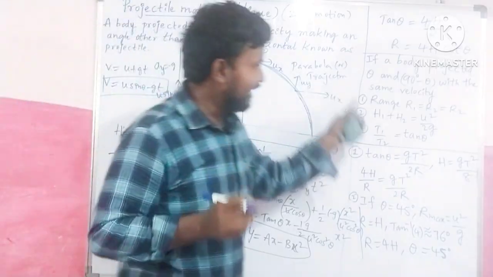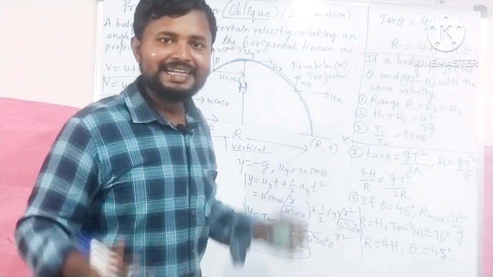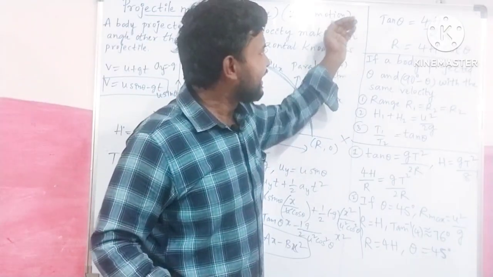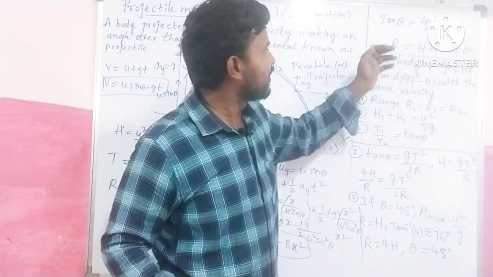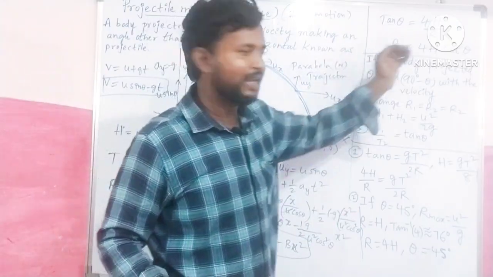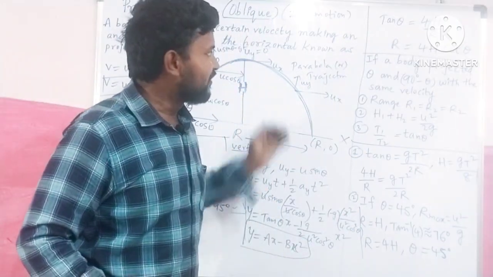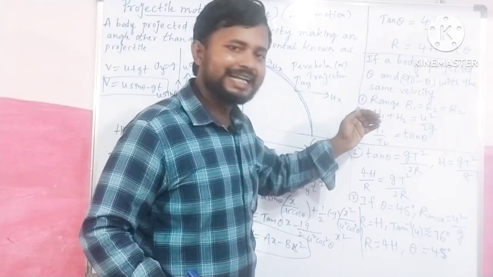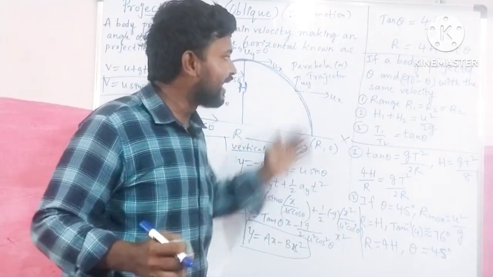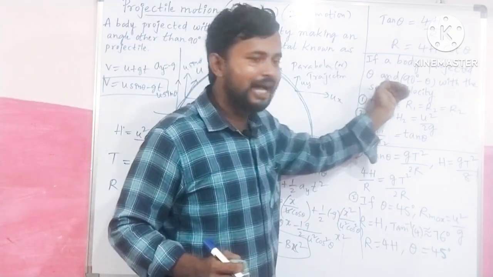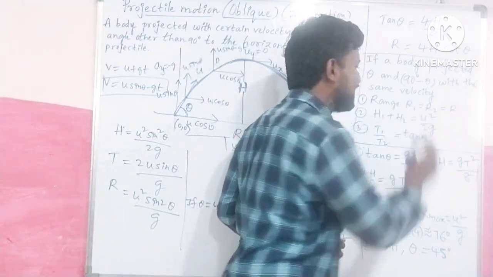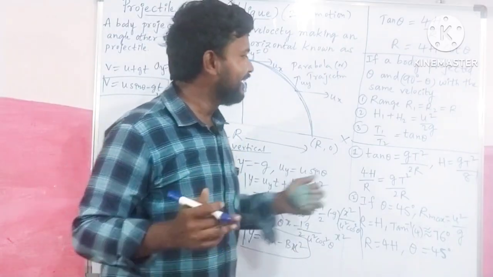Okay, this is the important concepts in NEET as well as JEE Mains. So the relationship between height and range: tan theta equals 4h by r. Next, r equals 4h cot theta. Next, if a body is projected with angle theta and 90 minus theta, then range r1 equals r2 equals r. Next, height h1 plus h2 equals u square by 2g.